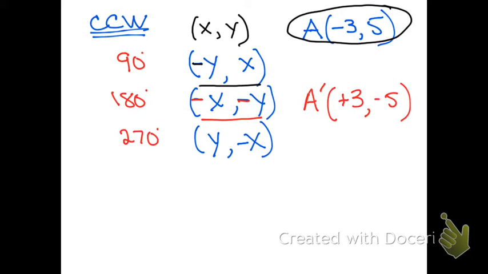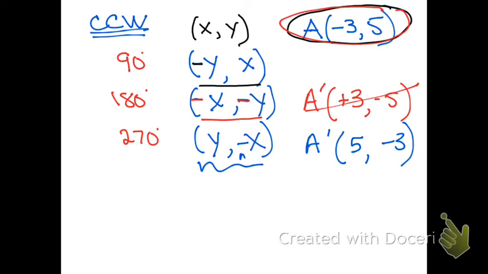Positive, negative. That would be a 180-degree rotation. The last one, 270. Again, using the original A, what would that one look like? This rule says reverse, and when I reverse, I leave the signs initially. Change the sign of the second one. So that's how you apply those rules.